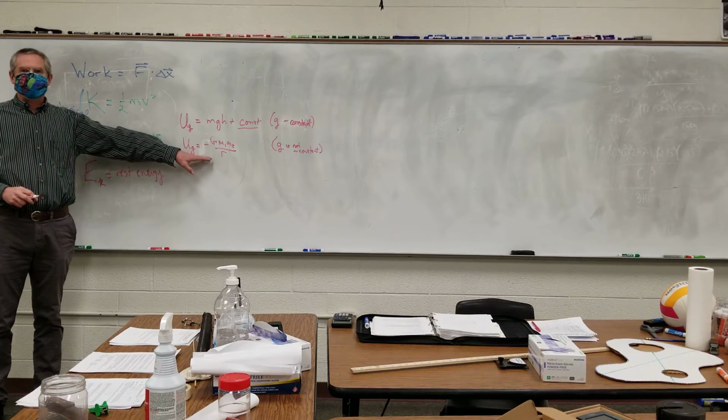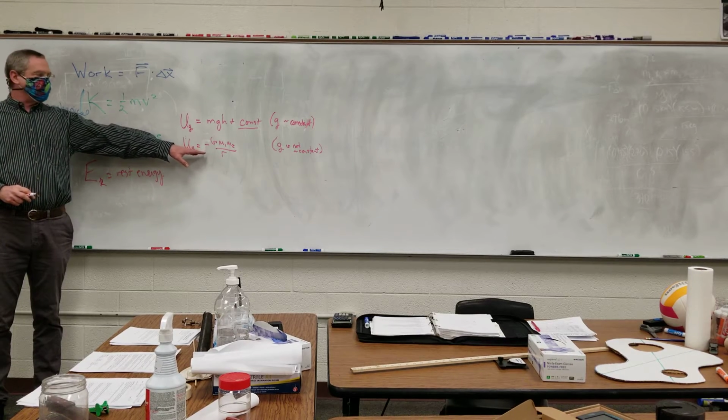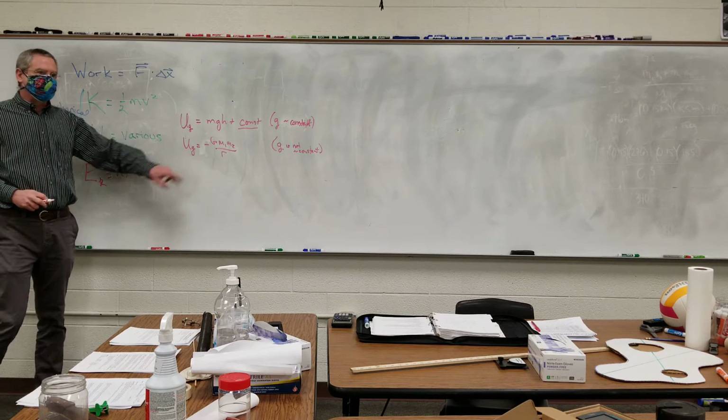If you're dealing with things that are really not dealing with outer space, such as Earth-Sun relationship or black holes, which we'll derive at some point, then this is the one that you would use.